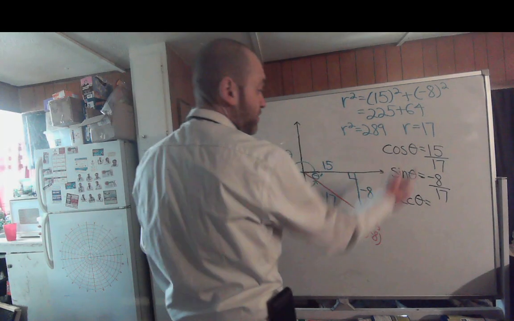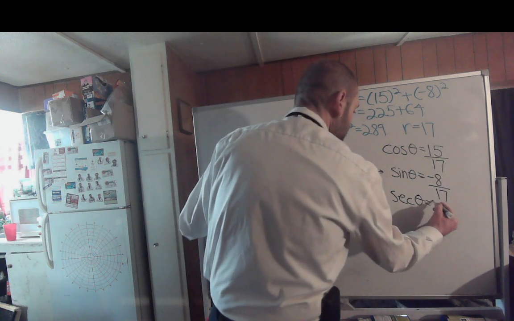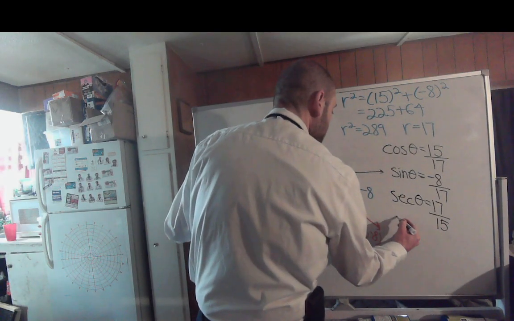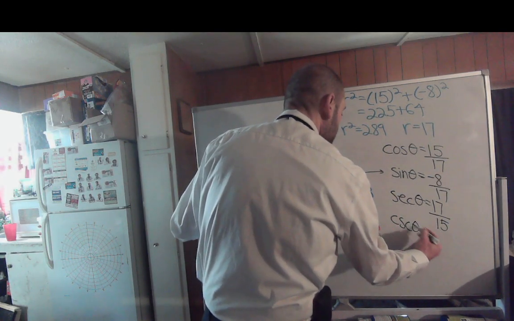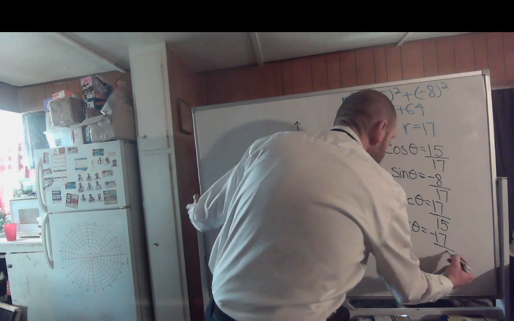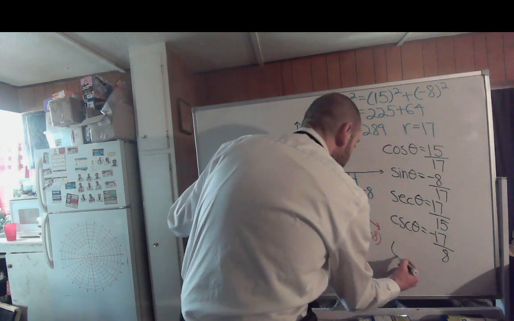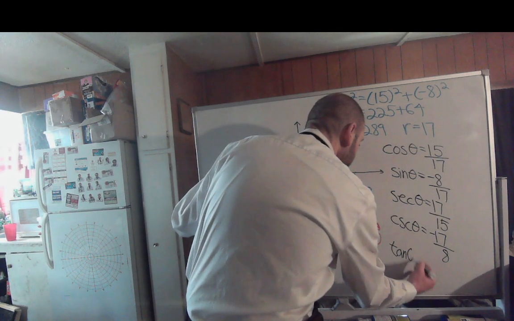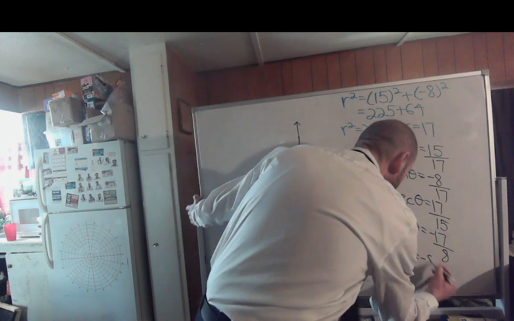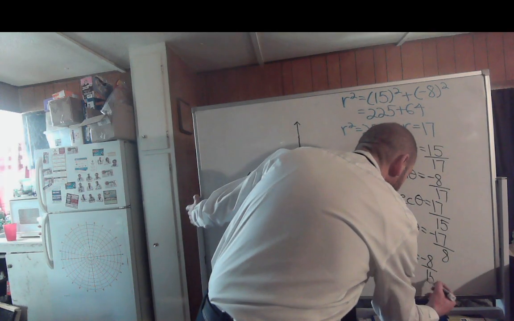That's just 1 over your cosine, so that would be 17/15. And then the cosecant of theta, that's just 1 over your sine, so that would be negative 17/8. And then let's find the tangent of theta. Well, that's opposite over adjacent. You would get negative 8/15. And then your cotangent of theta, well, that's just 1 over tangent. You would get negative 15/8.